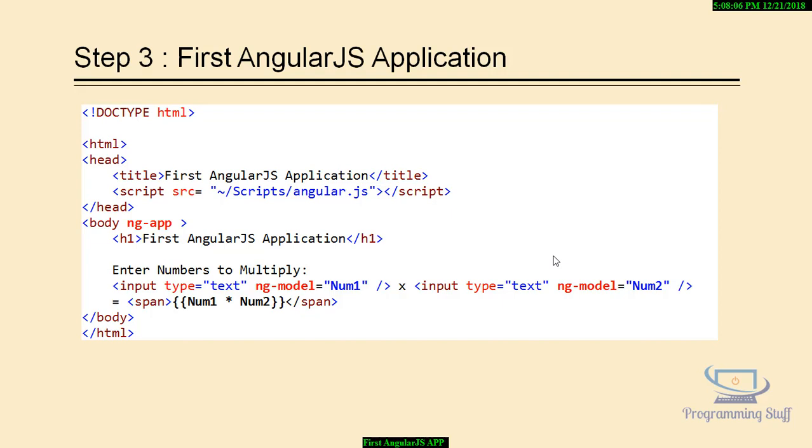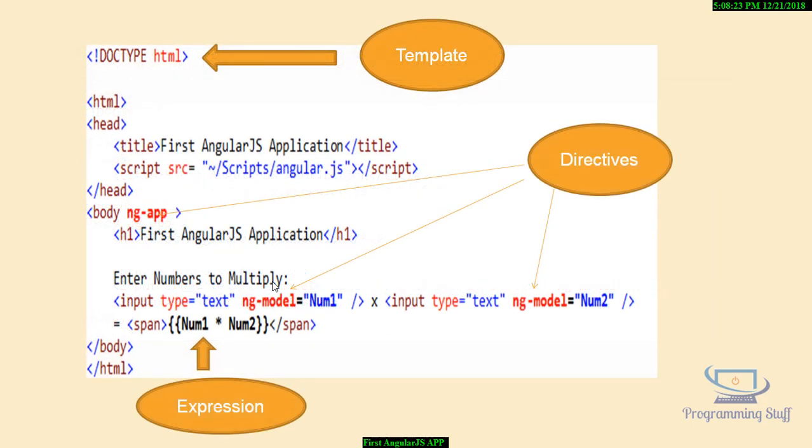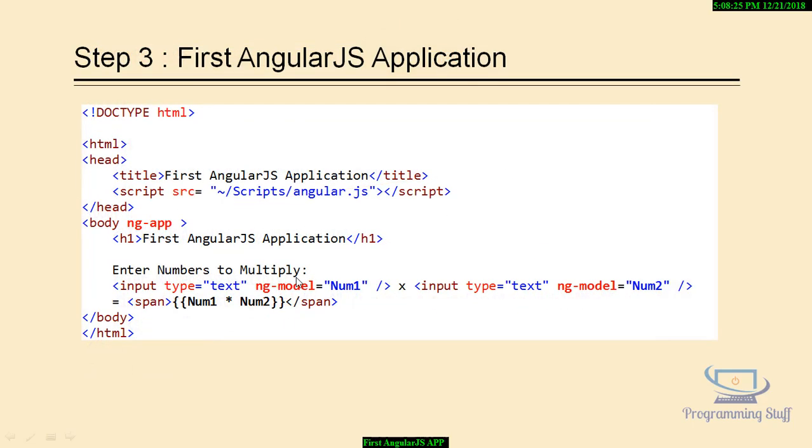Next, we need to create the AngularJS application, the sample application. Here we will create a simple multiplier application which will multiply two numbers and display the result. The user will enter the two numbers in separate text boxes, and the result will be displayed immediately in the span.